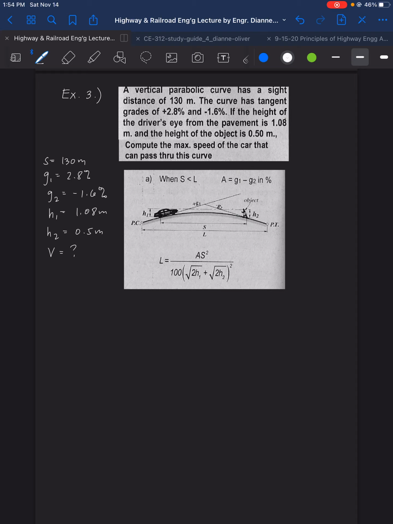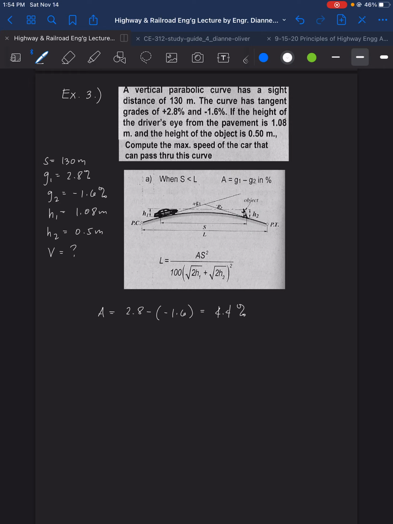Okay, let's solve for the value of the grade break or the difference in grades. So we have there A is equal to 2.8 minus negative 1.6, and the value here is 4.4%.